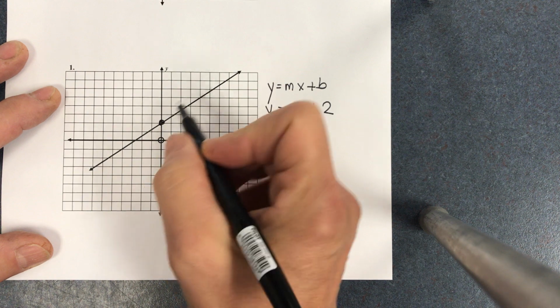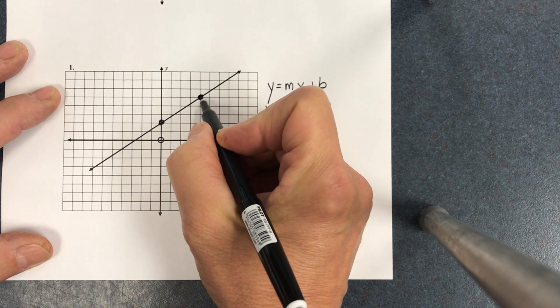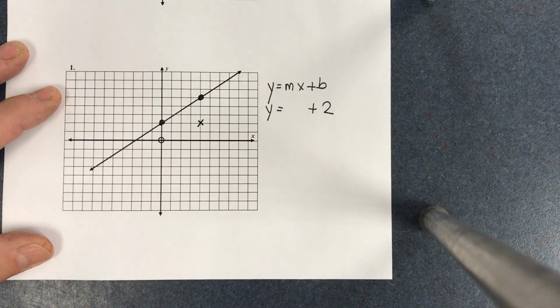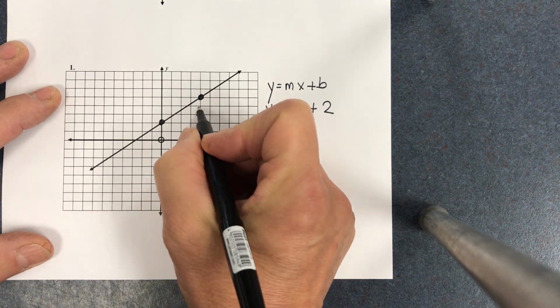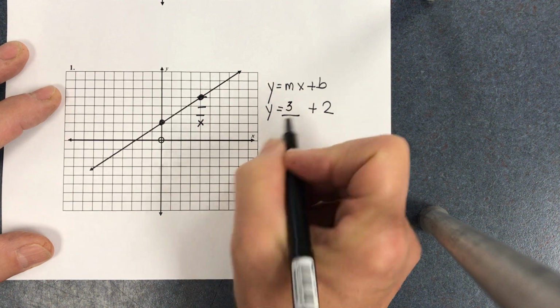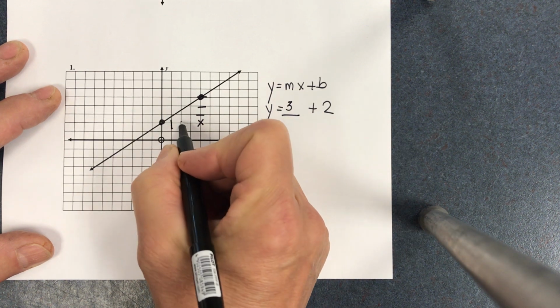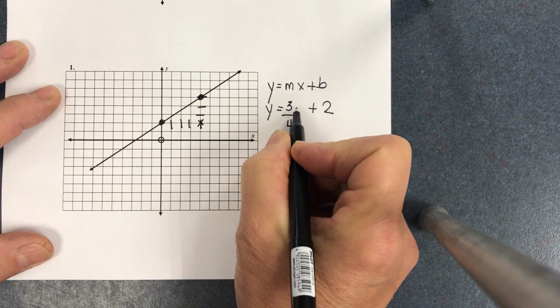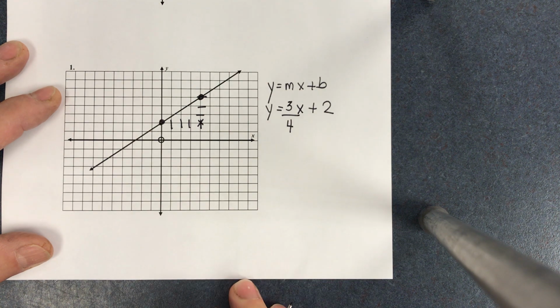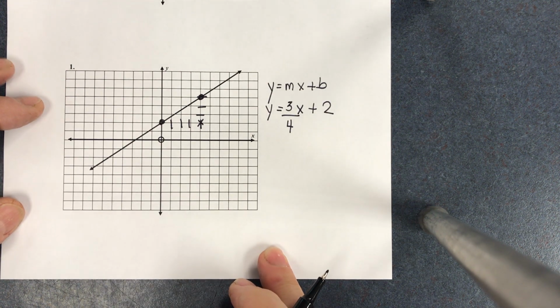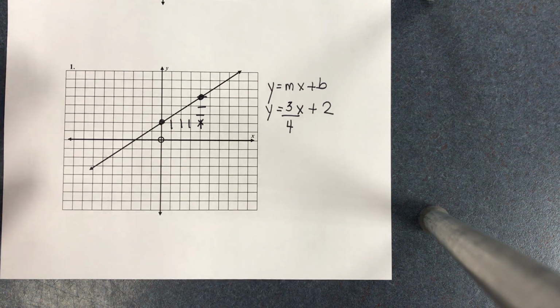I'll use this one, and I'll use this one. And there's my magic triangle for counting. And I am counting 1, 2, 3. So my rise is 3. And I'm running 1, 2, 3, 4. Running 4. The equation of the line is y is equal to 3/4 x plus 2.